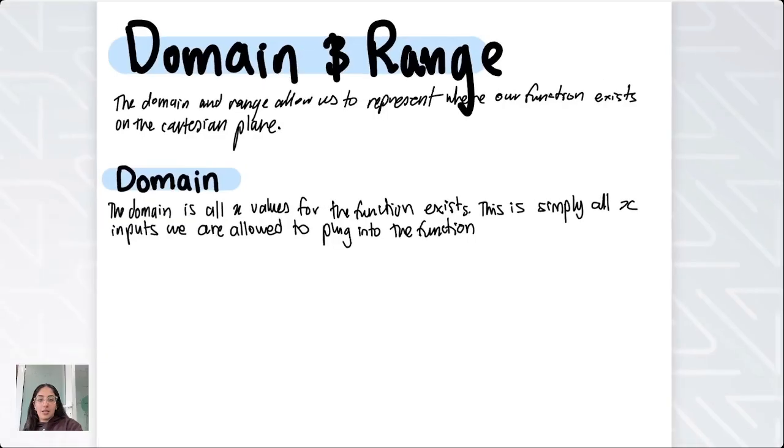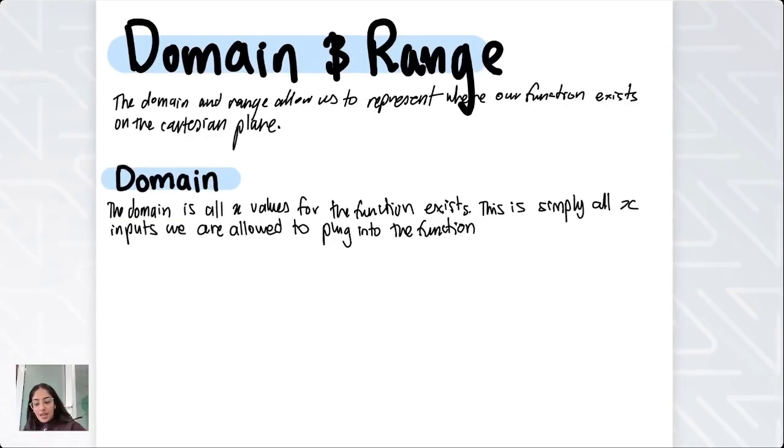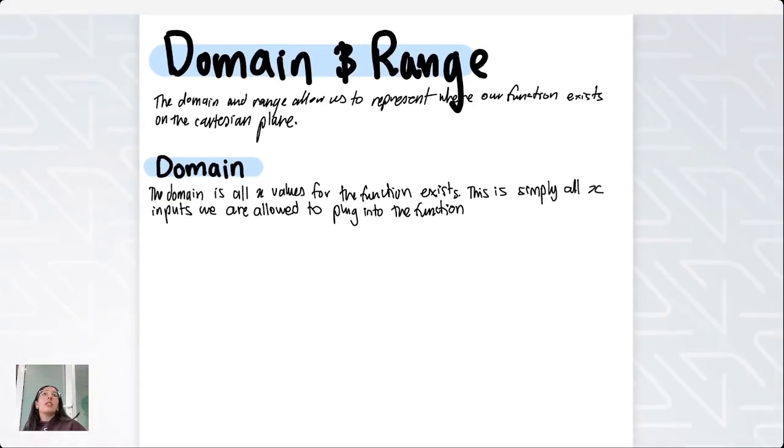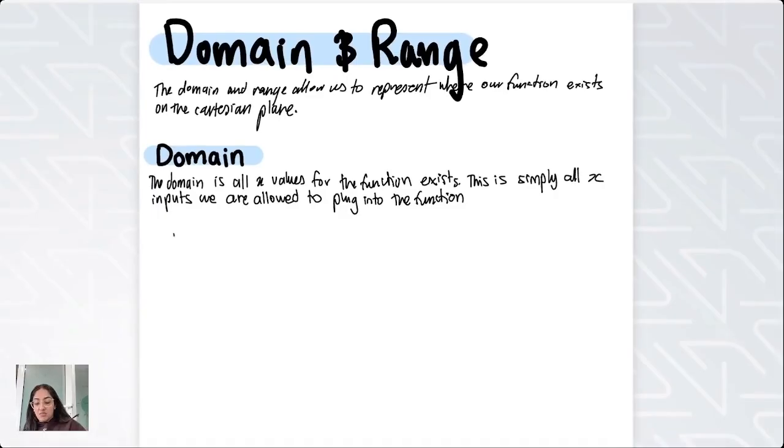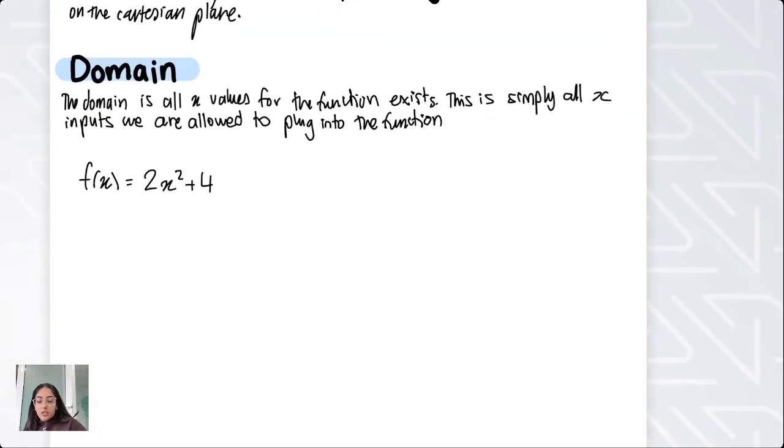Let's say I'm given a function that is f of x equals 2x squared plus 4. Thinking about this logically, we know what this graph looks like. It's going to look something roughly like this, doesn't have to be exact.